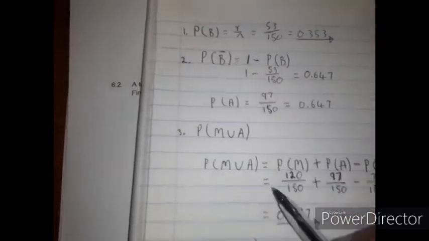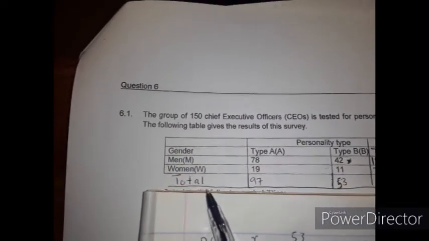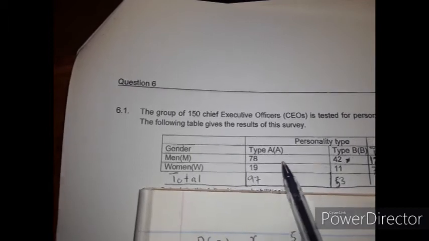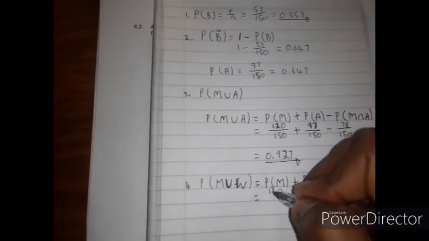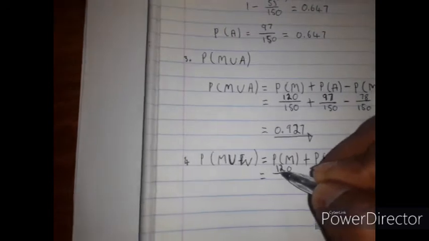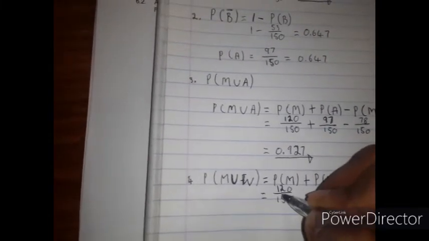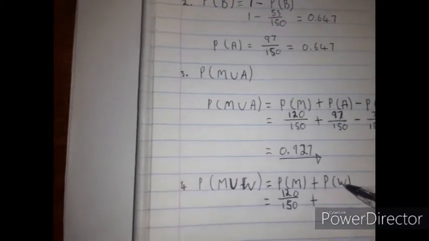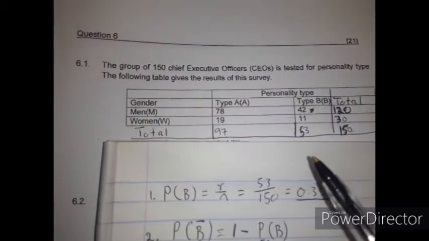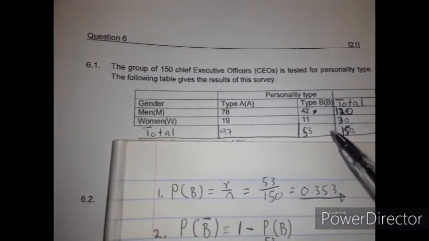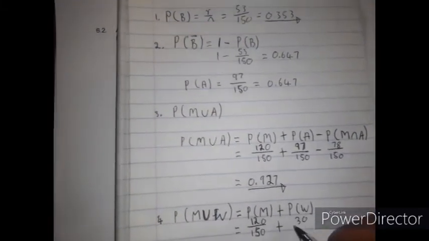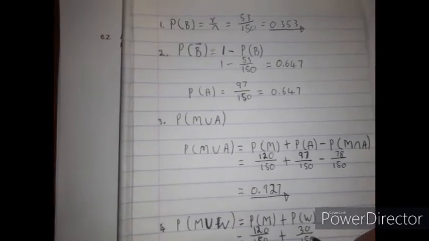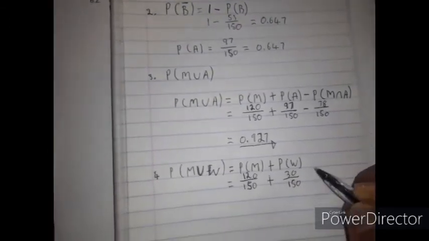So the probability of men. Men are 120 over 150 plus women. Women are 30 over 150 total possible outcome.